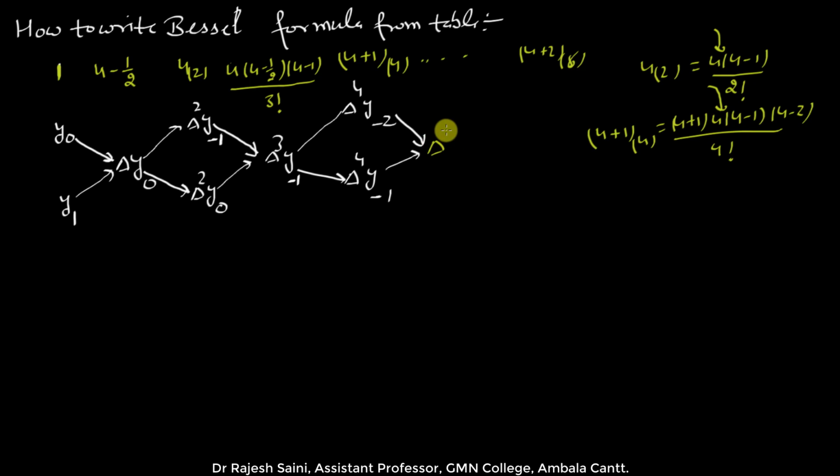Then this will be delta 5 y minus 2, and here, if you want to write, you will be writing the next coefficient, and that will be u plus 1, u, u minus 1 by 2, u minus 1, u minus 2, and it will be divided by 5 factorial, and so on.